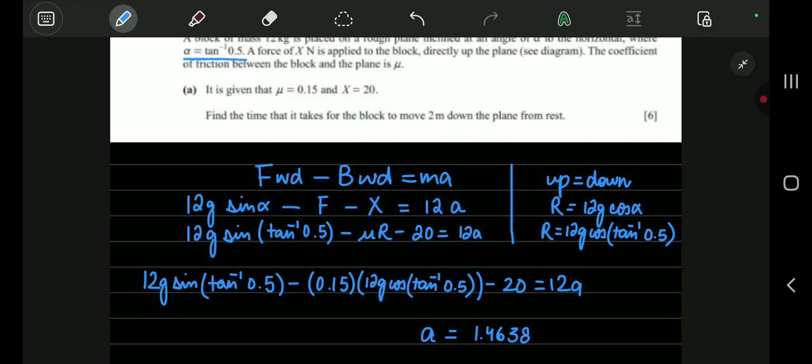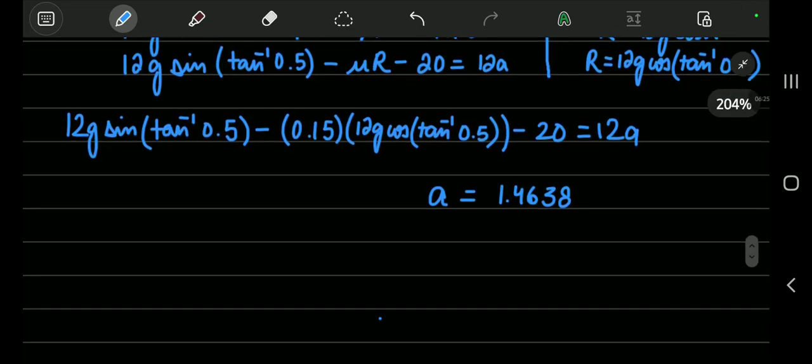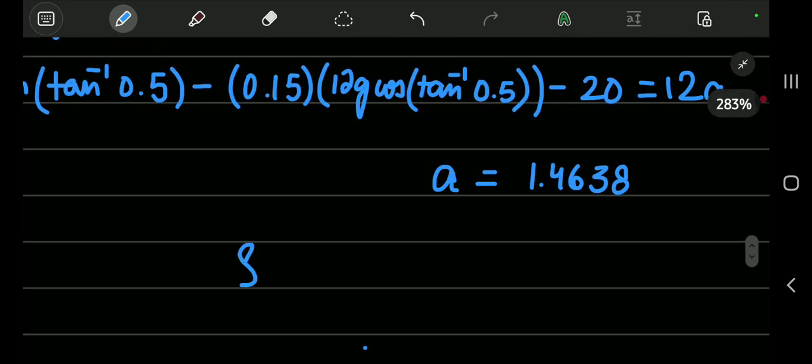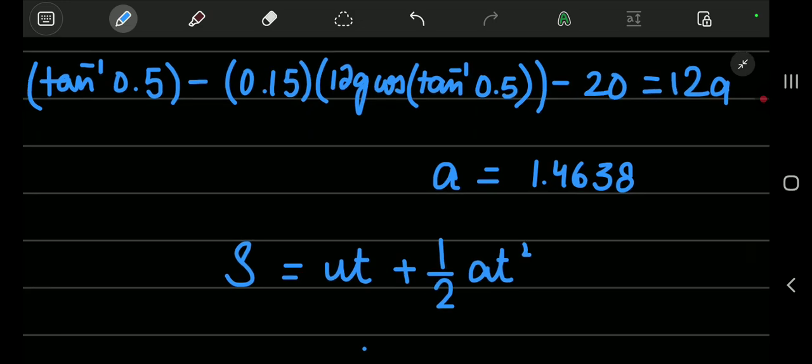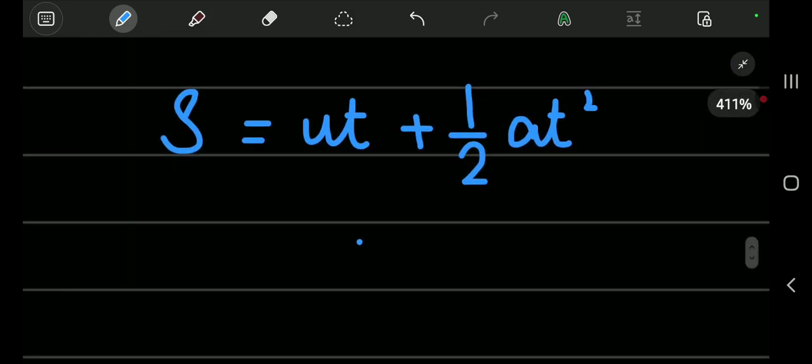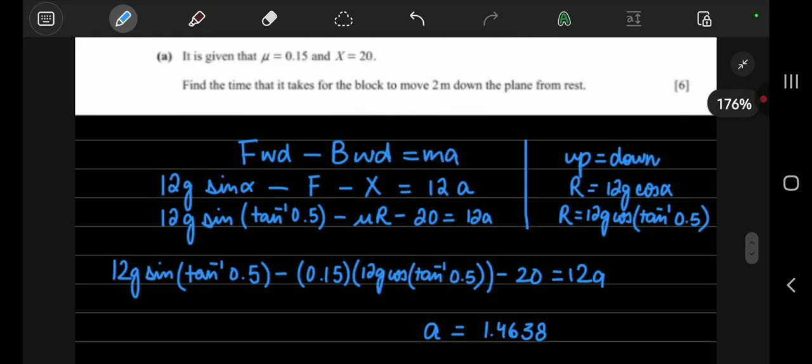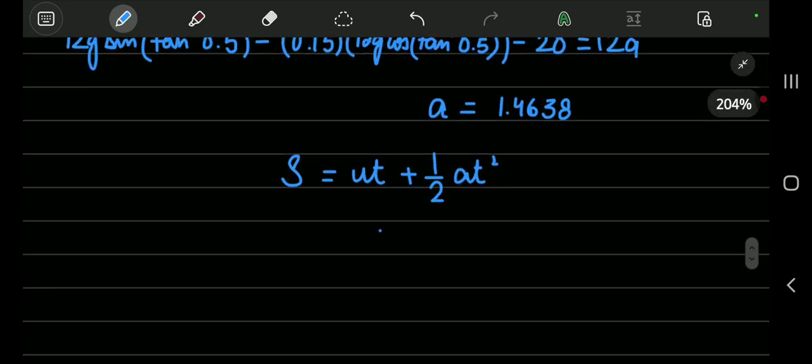Now we need to find the time. For the time, using s equals ut plus half at squared, s is 2 meters, because we want how much time it takes to move 2 meters.